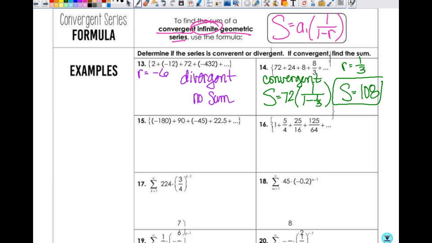So remember, it doesn't always converge to 1. It can converge to any number that would make sense. But we good?